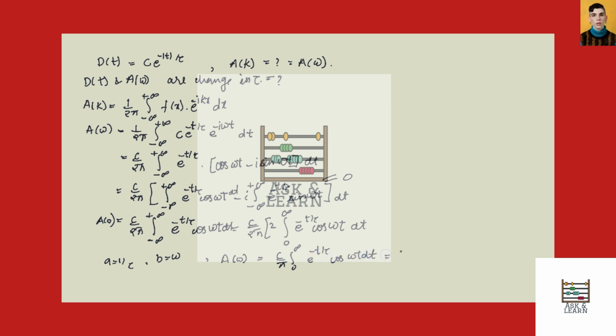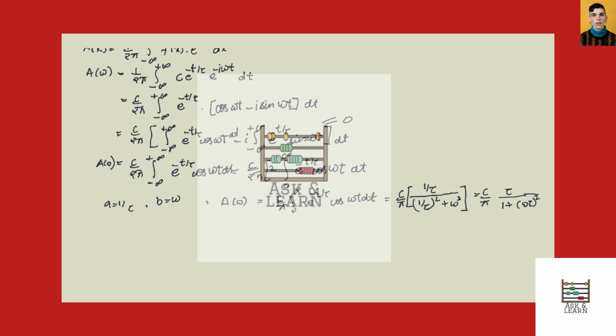Then this becomes C by pi times 1 by tau divided by 1 by tau whole squared plus omega squared. On rearranging, this becomes C by pi times tau upon 1 plus omega tau whole squared. This is the Fourier transform for the given function.